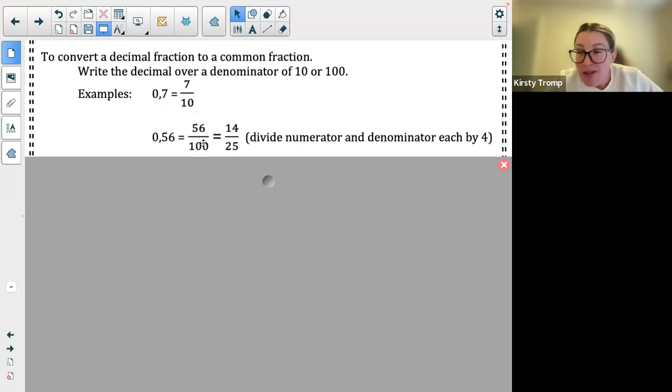Well, we know that 2 can go in first, so you could have divided by 2 and gotten 28 over 50, and then divided by 2 again and gotten 14 over 25. Or you can divide straight by 4 if you know that you can, and you get 14 over 25.